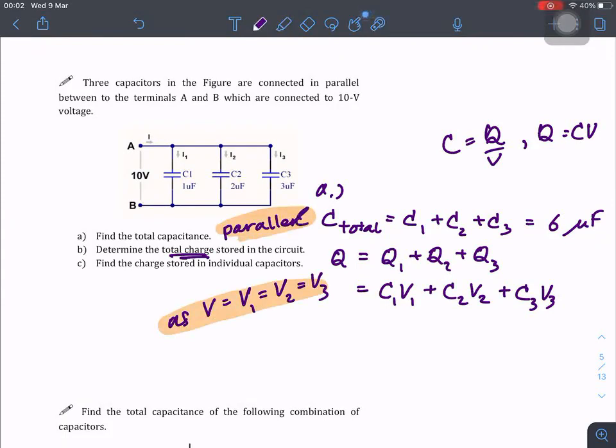So they share the same voltage, and that voltage is 10 volt. So the total charge of the system would be just C1, C2, and C3 added, and when multiplied by V, we have what we want.